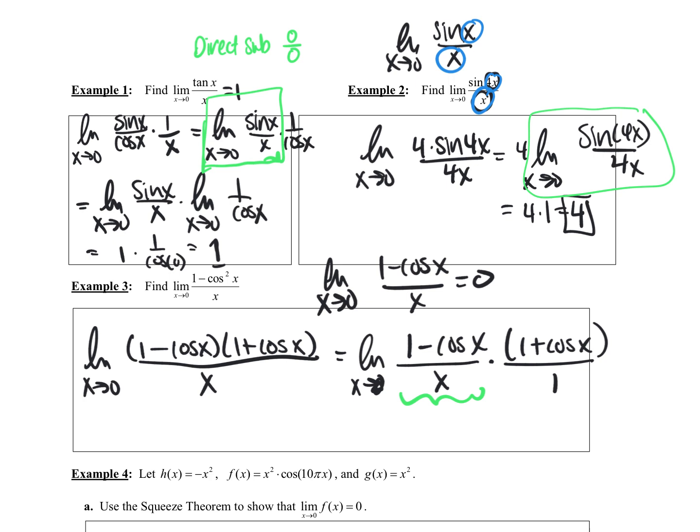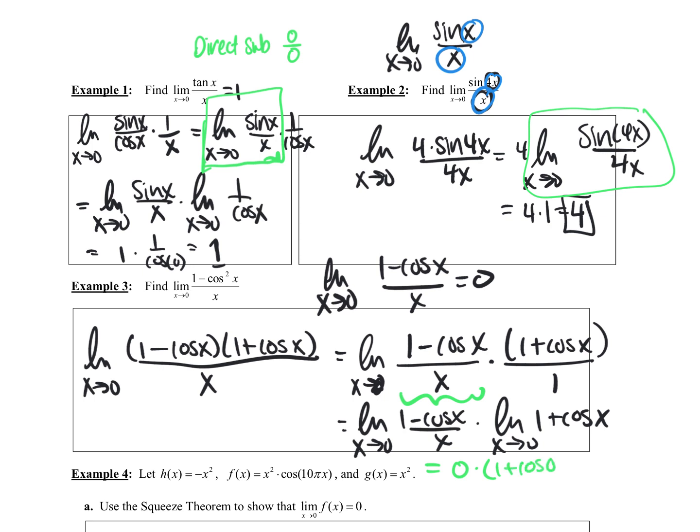So we can separate this and do the limit separately. So we know that this first limit is equal to 0, and then if we try direct substitution here, we'll get 1 plus cosine of 0, which cosine of 0 is 1. So then we'll get 0 times 2, which is 0. So this limit is equal to 0, using this special limit right here.